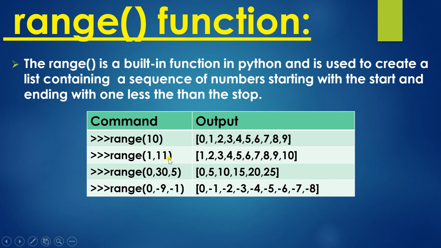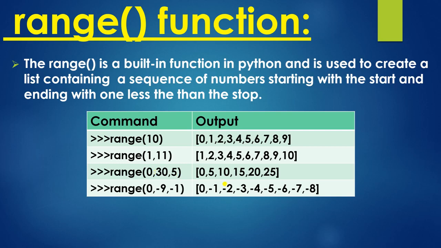Range 1 to 11. So 1 is the start position, 11 is the end position. So it will start with 1 and go till n minus 1. So it will go till 10. Now range 0, 30, 5. So 0 is the start, 30 is the end and 5 is the step value. Step value means difference. 5 is a positive number, so it will move ahead by 5.